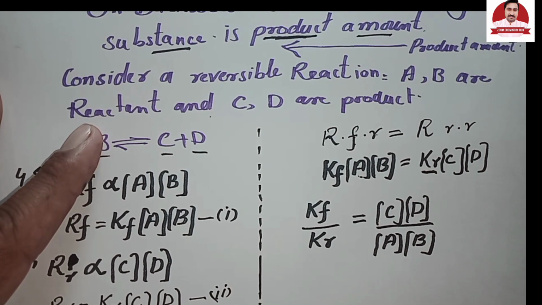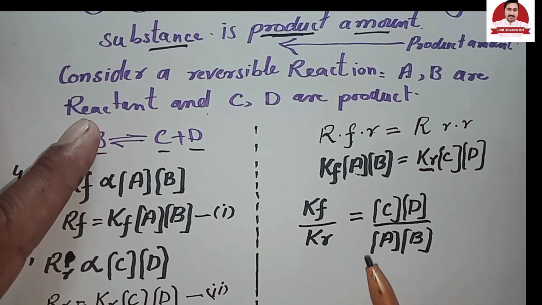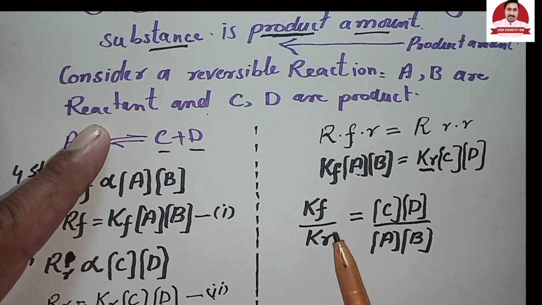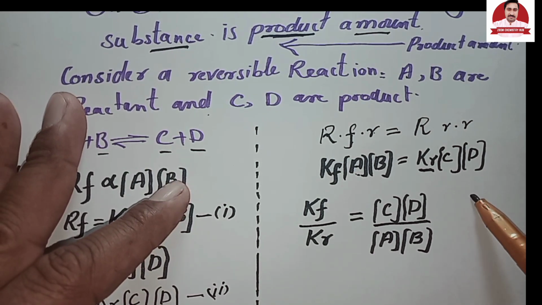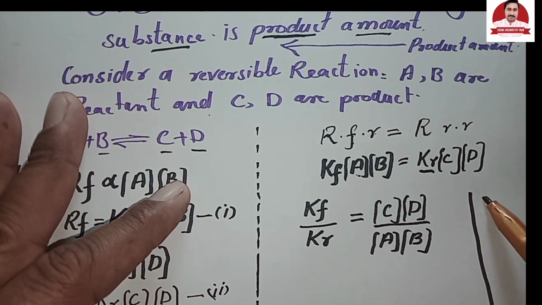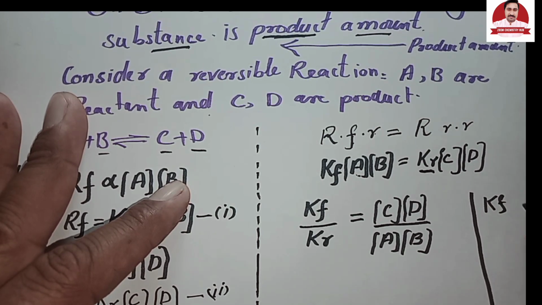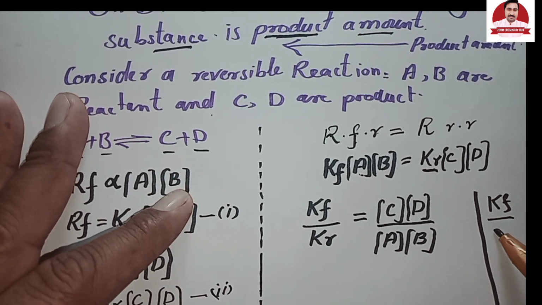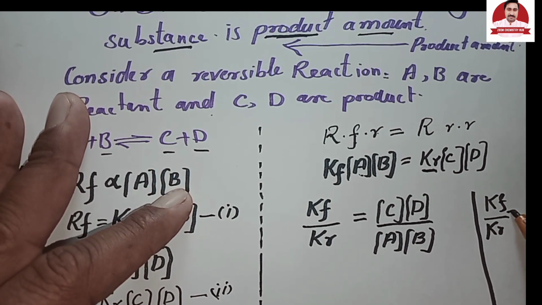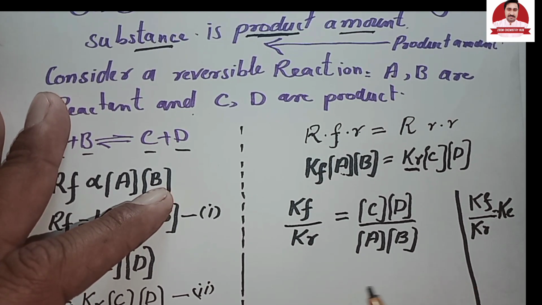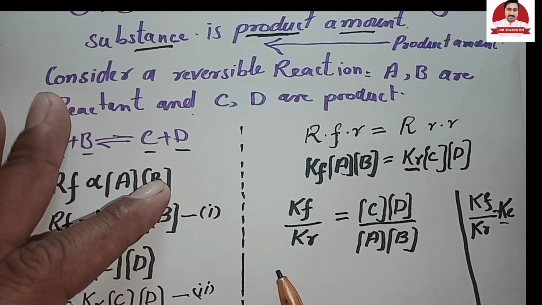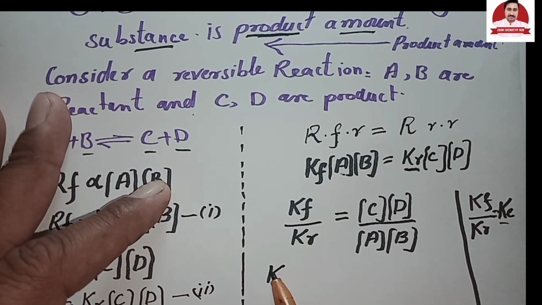Now we know that Kf divided by Kr is equal to Kc. So we write Kc instead of Kf divided by Kr, which is the equilibrium constant. Kc is the equilibrium constant.